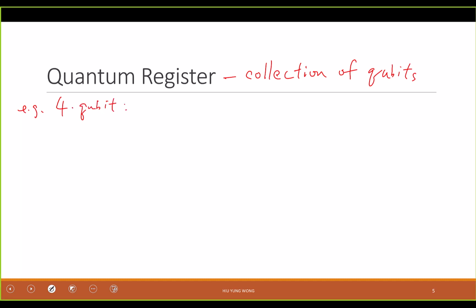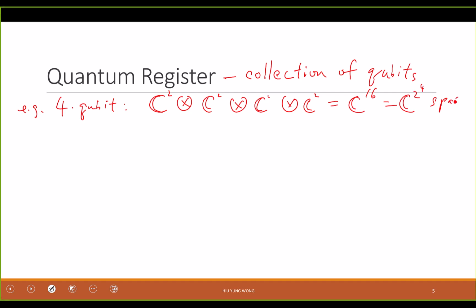case, we know very well it represents the tensor product of 4 C2 spaces. And what space is this? 16. C16. Or we can say that this is a C2 to the power 4 space.